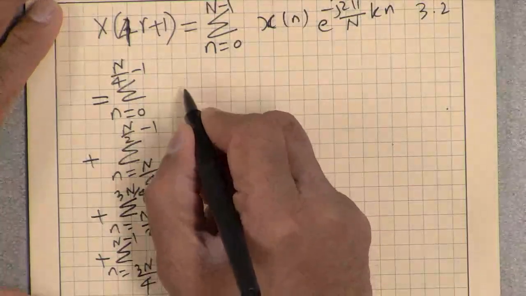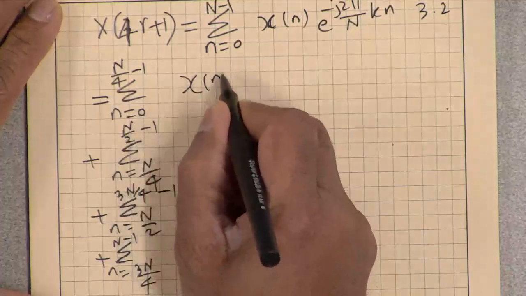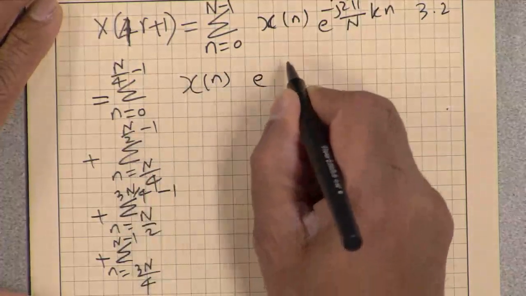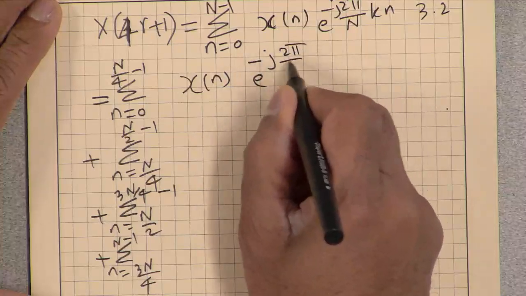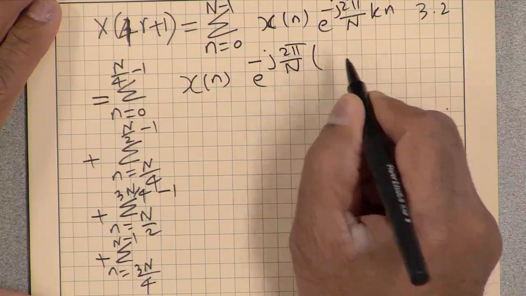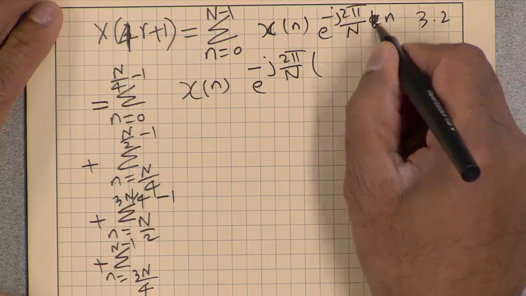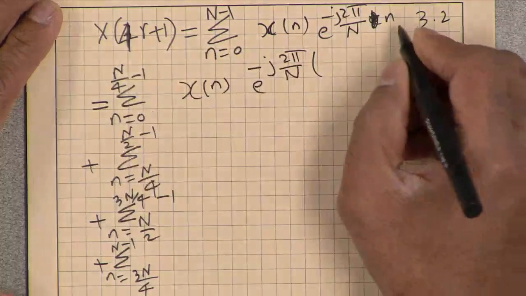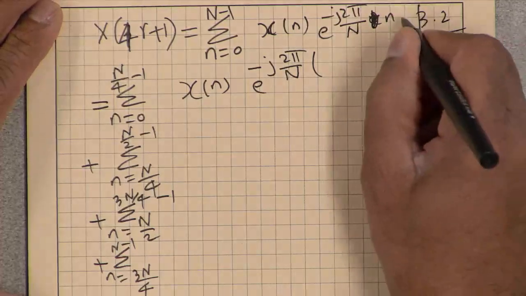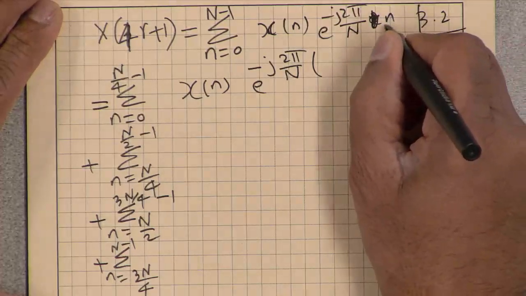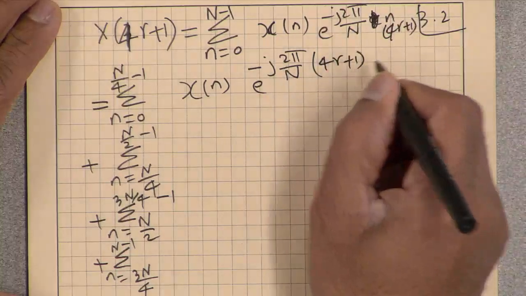Okay, and then this is x[n] times e to the power minus j 2 pi over N. Now, this is really not k. I should be substituting this k as 4r plus 1. So (4r+1) times n.